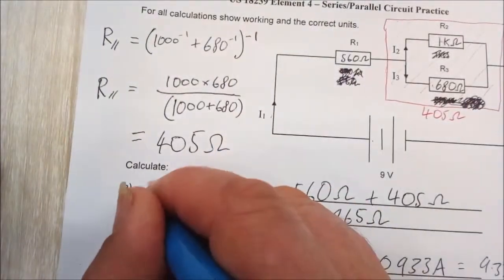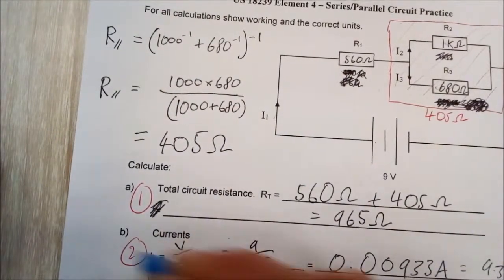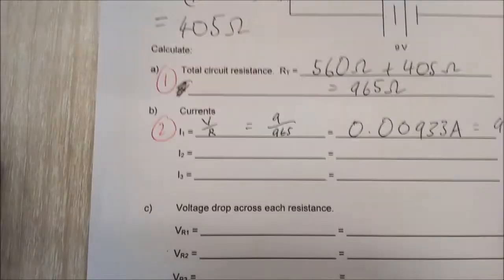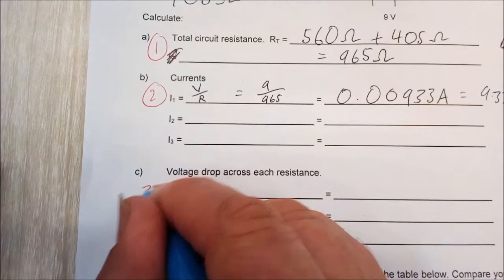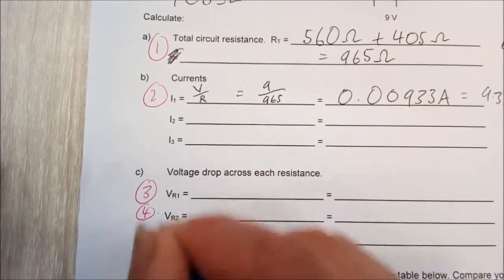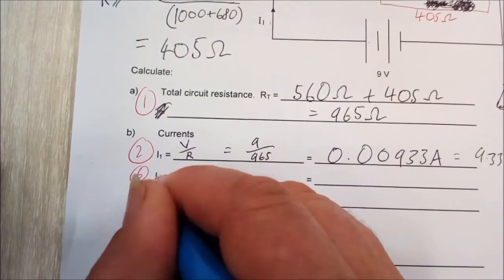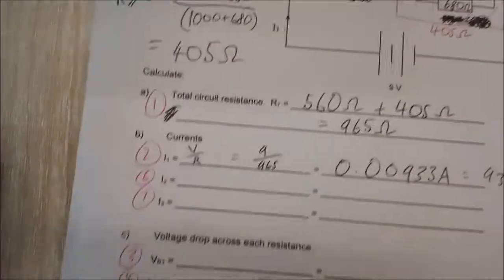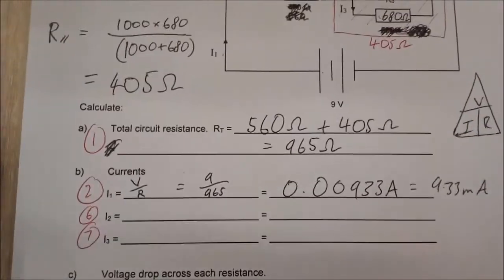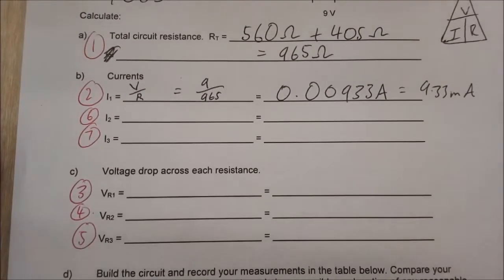You would solve it in this order: 1, 2, optional, and then you'd go down here 3, 4, 5, and then you'd do 6 and 7 there. Often with these things you don't necessarily solve in the order they ask. You just chip away at it and get things as you can.